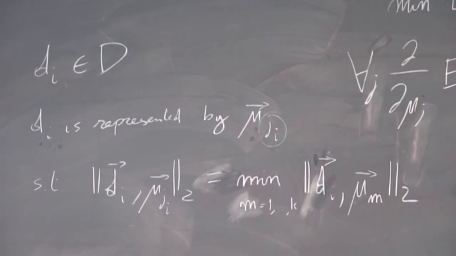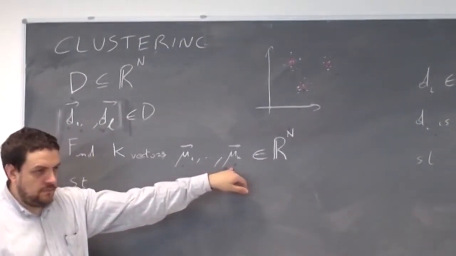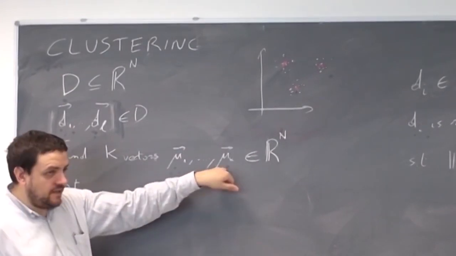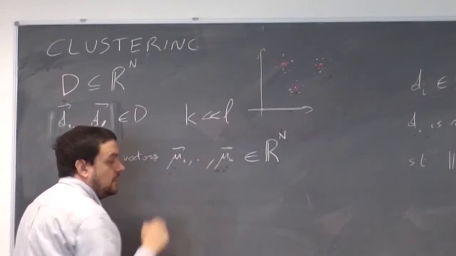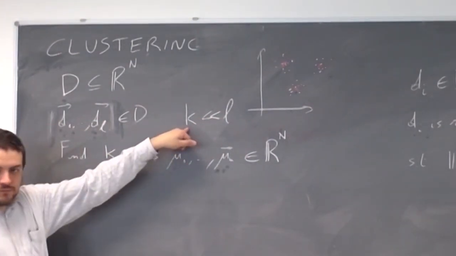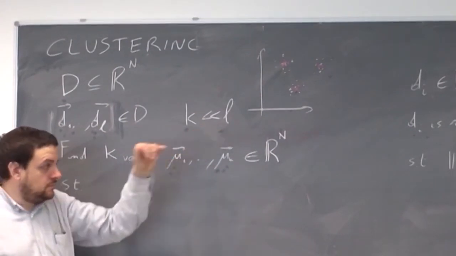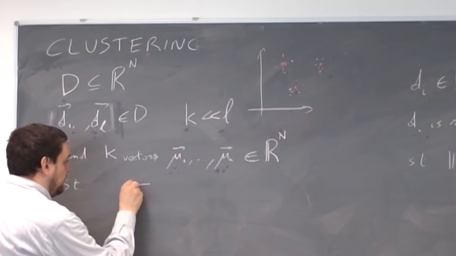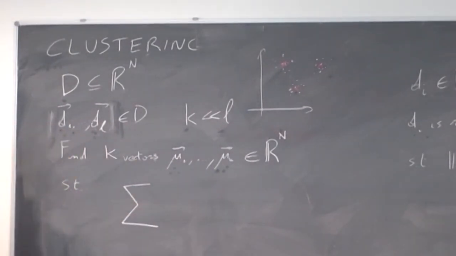So, I want to find, given my L original elements, k vectors. Of course, I want few vectors that represent a large number of documents. So that, if I consider the overall error, it's minimized. What error am I considering?